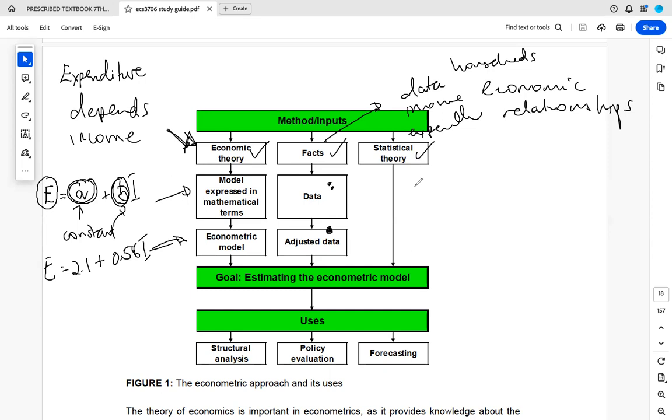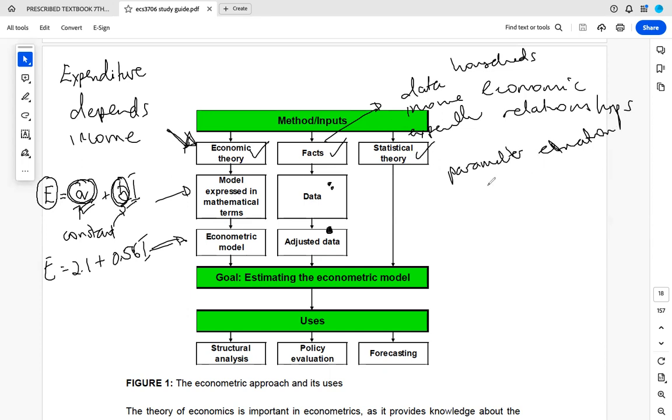With regards to statistical theory, we use certain statistical theory to help us to come up with these coefficients. We take the data, then we apply statistics to it to help us to come up with the values for these coefficients. We call that parameter estimation. We are also going to look at that in detail.